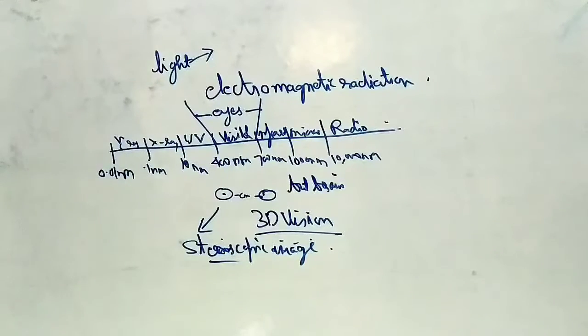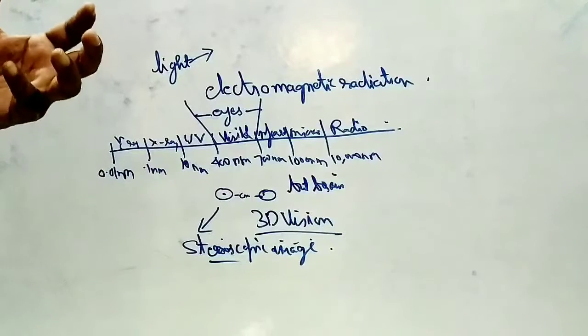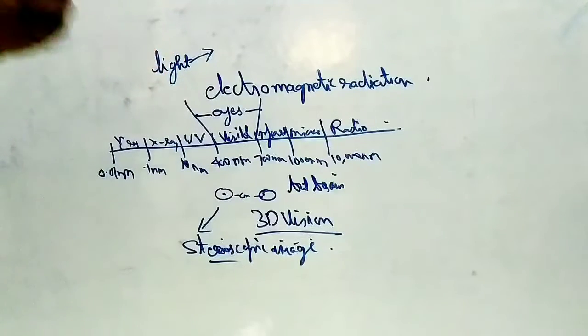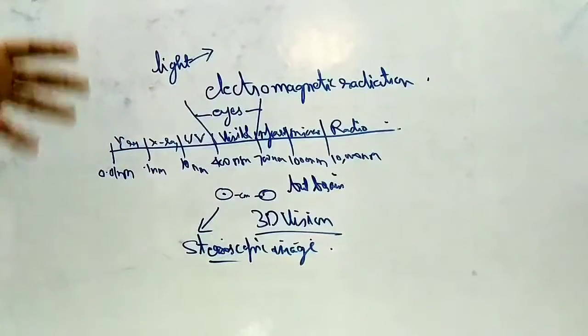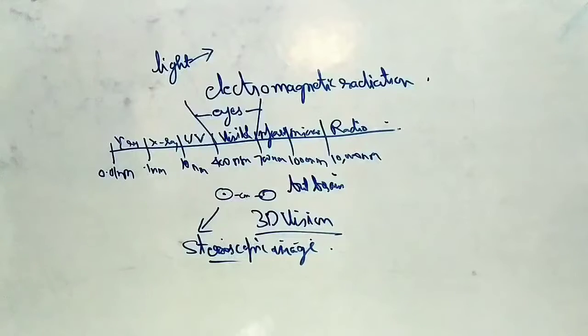From that only we can calculate the depth of any object. We can find out the length, the breadth, the depth only when the two images are combined together by the brain. So the brain works to combine both the images, and that vision is called stereoscopic vision.